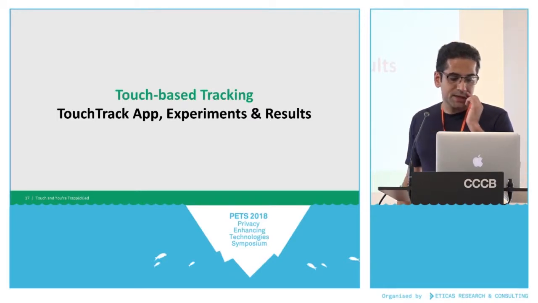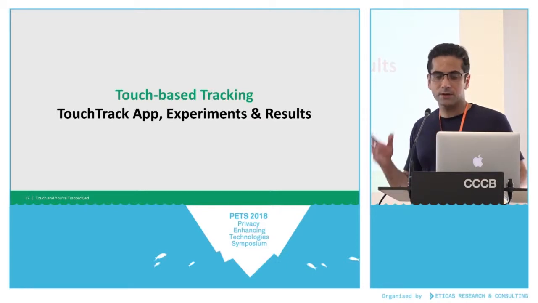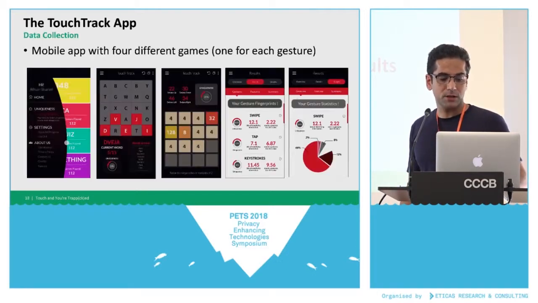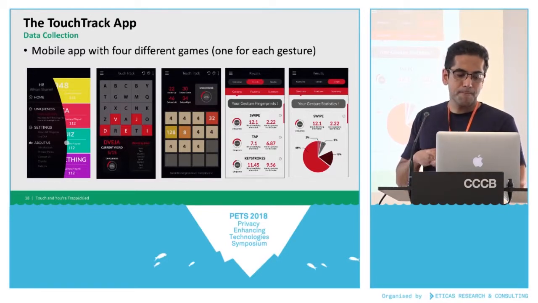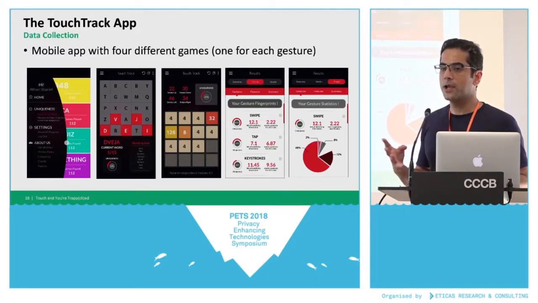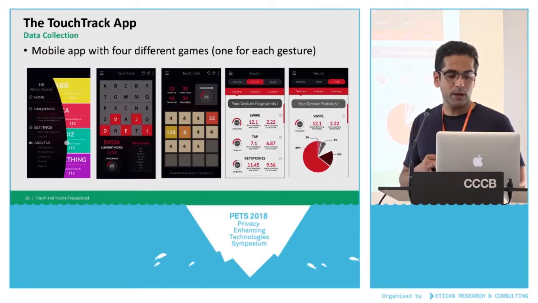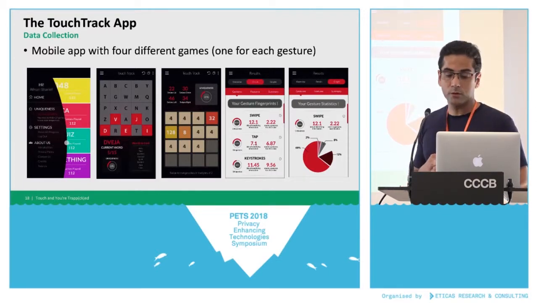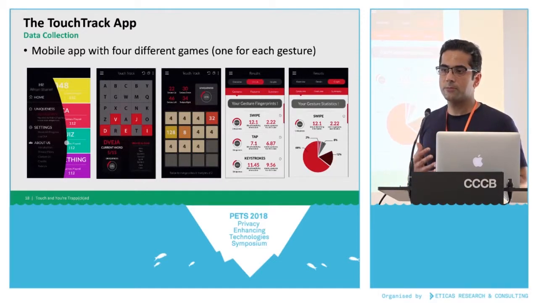So now is the last part of the talk, which is about the Touch Track app, experiments and results. So we built this Touch Track app with 4 different games, one for each gesture. And some of these games are available in the Android Google Play Store. We had to customize them for our purposes.